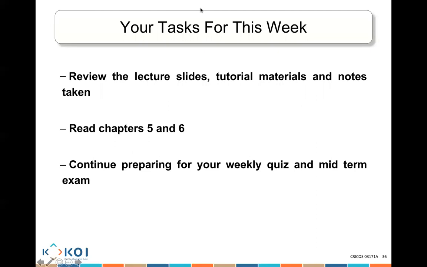If you don't know them, you're not going to be able to do quiz calculations, midterm calculations, or final exam calculations. It's as simple as that. If you don't know how to do it, you will lose at least 10 marks in your final exam. So bear that in mind, and make sure you learn every calculation every week. Read chapters 5 and 6 and continue preparing for your weekly quiz, which is next week, and your midterm exam, which is going to be in week 6.